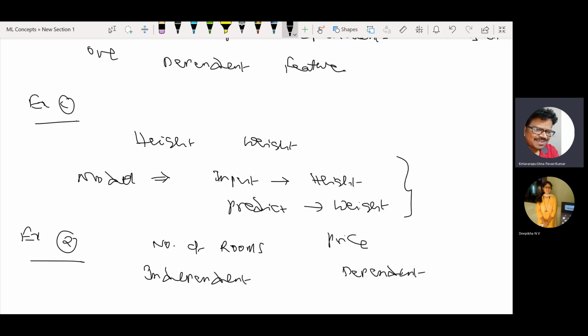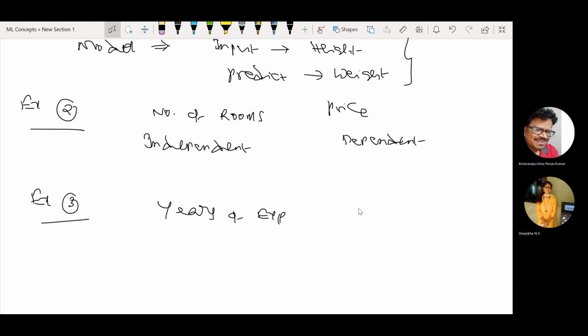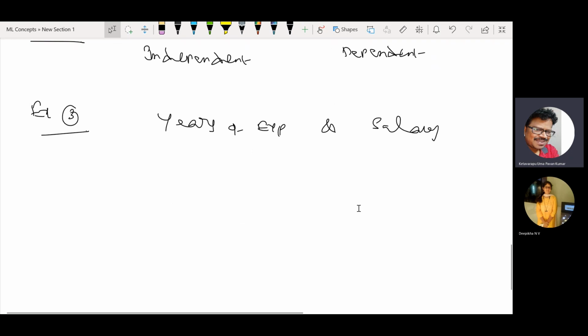The most commonly used example in our industry is years of experience and salary, because while fixing the pay, we need to see the appropriate slot.